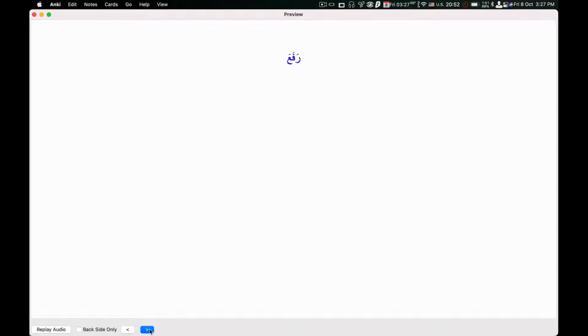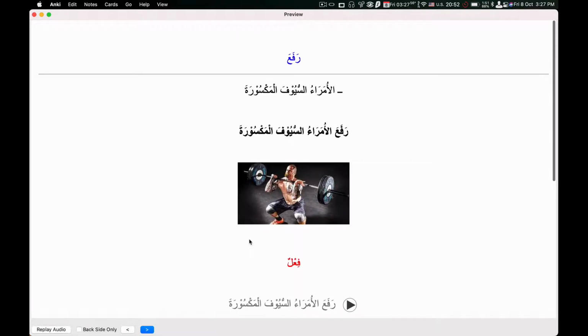So I have to form a sentence from that. The color here is blue. So anytime I see a word in blue, I have to form a sentence. So, Rafa'a al-umarahu as-suyufa al-maksurata. Let's see the answer. Okay, that's good. Rafa'a al-umarahu as-suyufa al-maksurata.